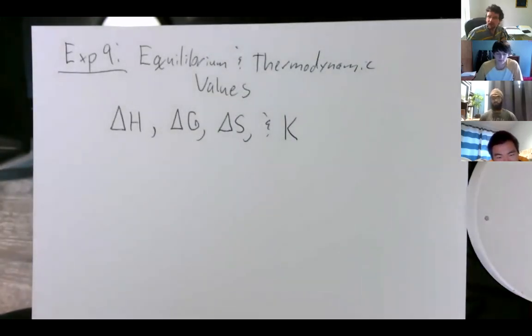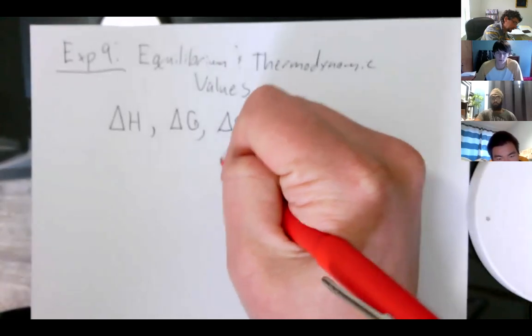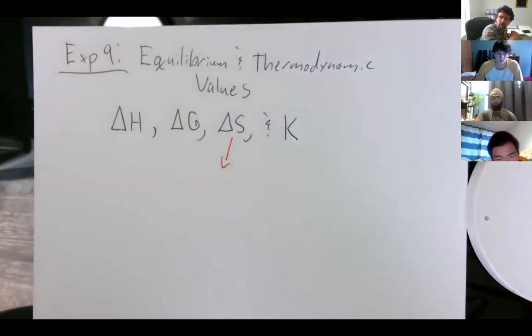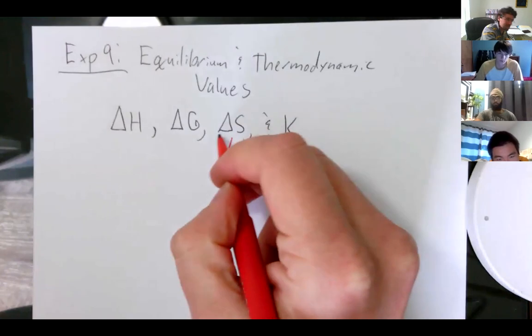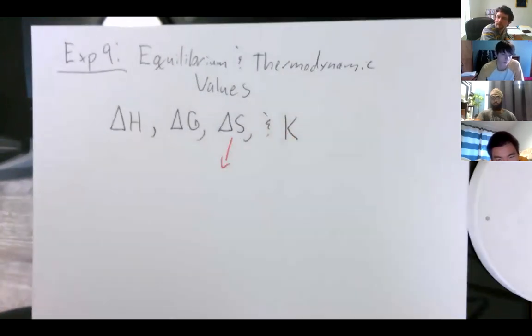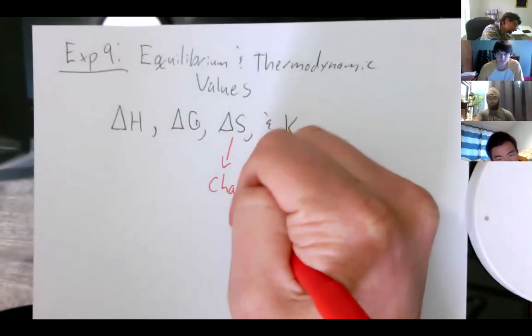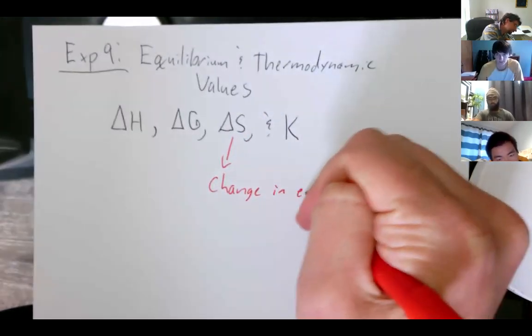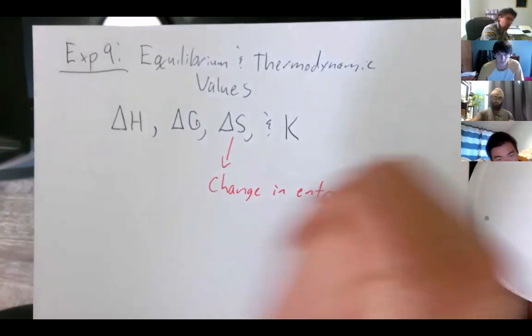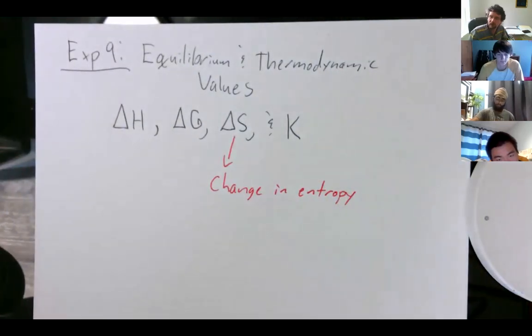Delta S is probably the one that's the most easily described. What does delta S stand for? Or what does that delta stand for? Change. Yep, change in what? Entropy. Okay, and what's entropy? Does anybody have a good explanation for it? Disorder.